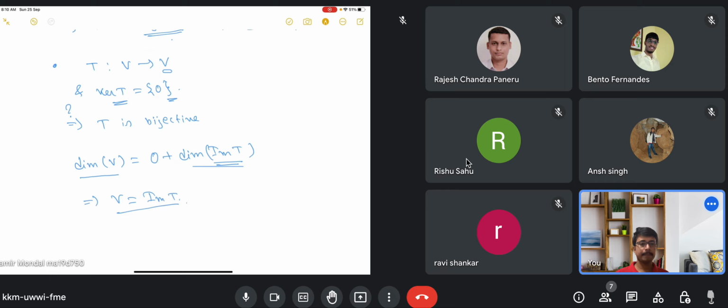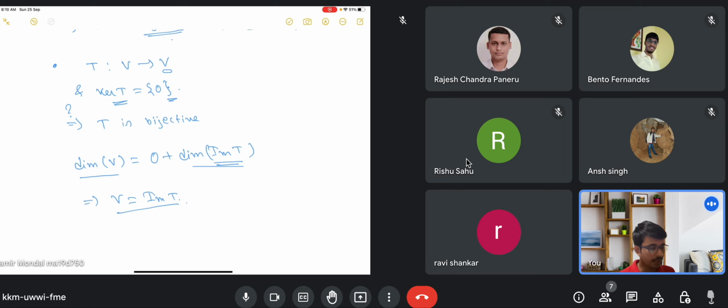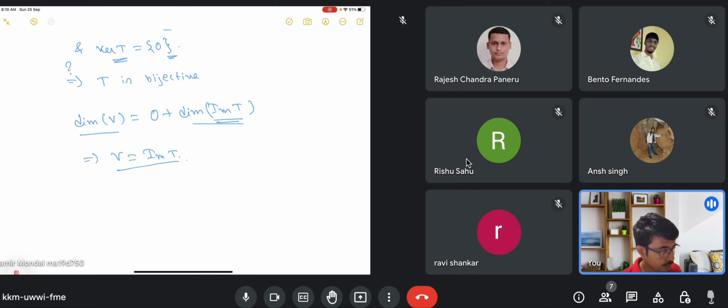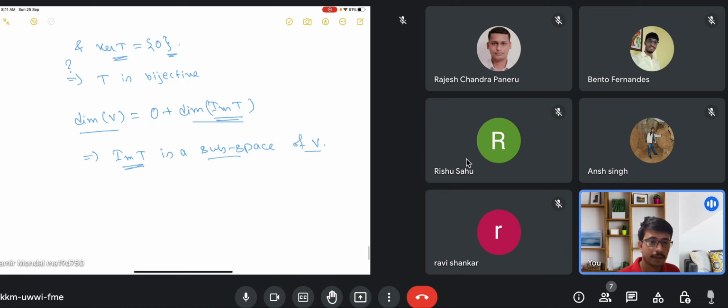Understood? So the dimension of the image of T is the dimension of V. And this statement is also true, that the image of T is a subspace of V, because the domain and codomain are both the same. So the image of T is a subspace of V. This statement is also correct, is it or not?